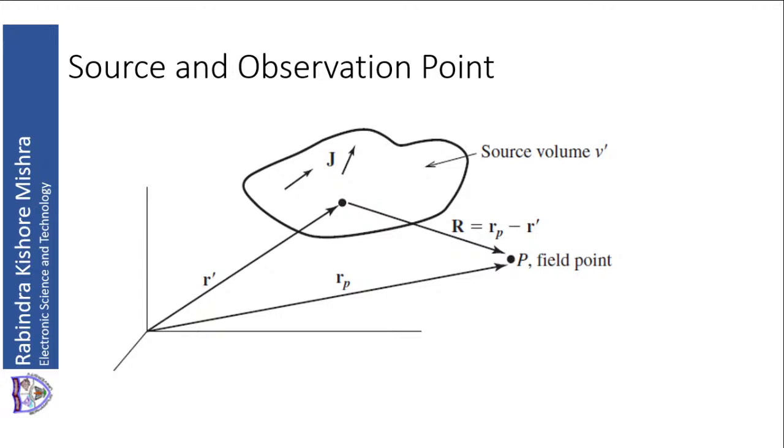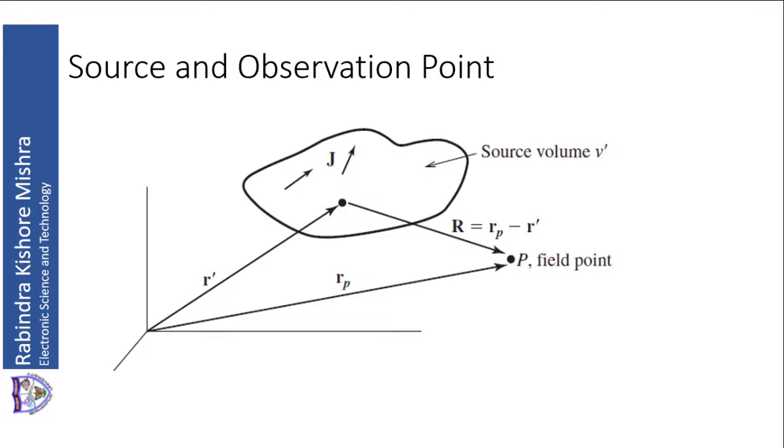So we have the position vector of the field point RP, the position vector of the source point R dash, and then the vector connecting the source point to the field point. From the source point, it is directed towards the field point.